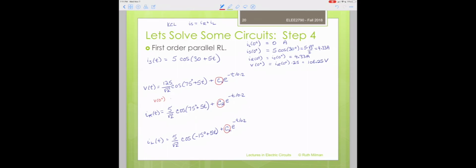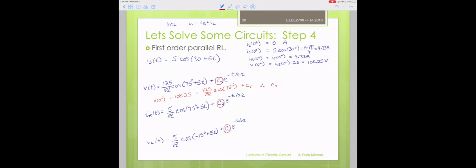So we know that our voltage is equal to 108.25. We also know that that's equal to 125 over the square root of 2 times the cosine of 75 degrees plus CV, and we notice that when t is equal to 0, the exponential is just equal to 1. So we can rearrange this to solve for the constant.